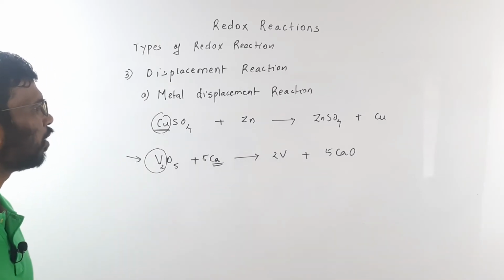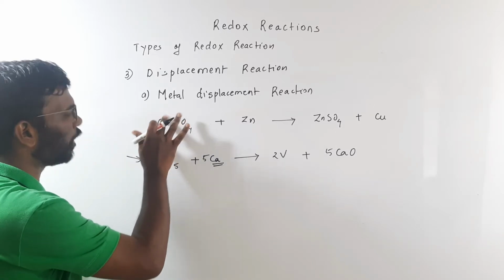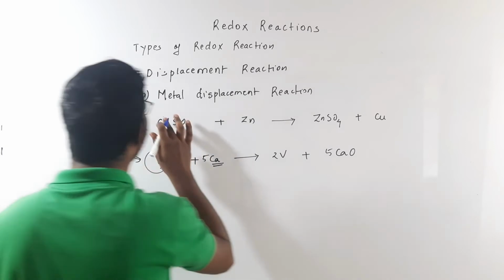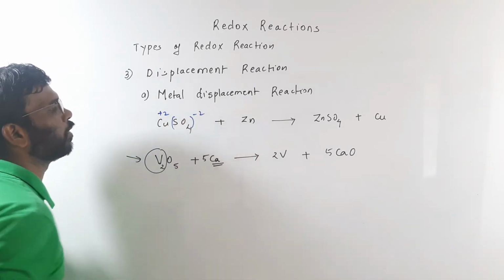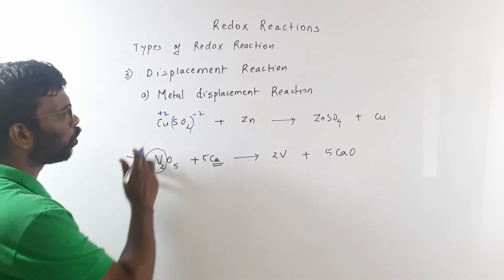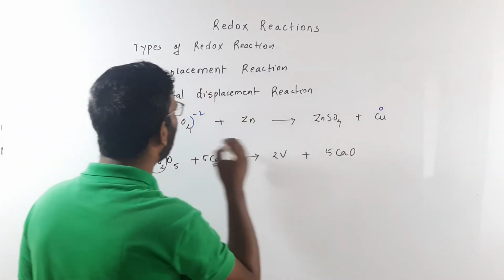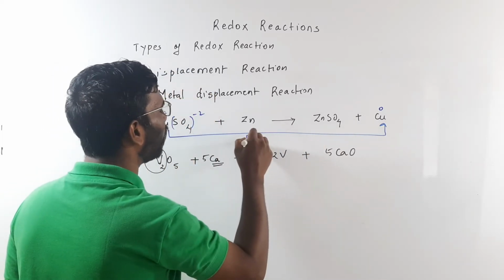Why do we call this a redox reaction? If you see the change in oxidation state over here, copper is in +2 oxidation state, and the whole sulfate ion is in -2 oxidation state, right? So copper is changing from +2 to 0 in the elemental form. So here it is a reduction.